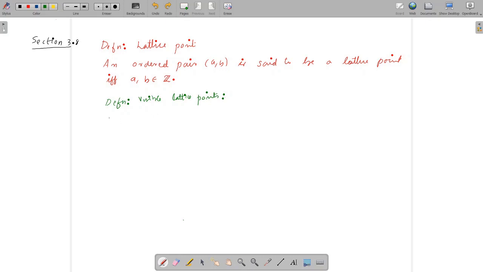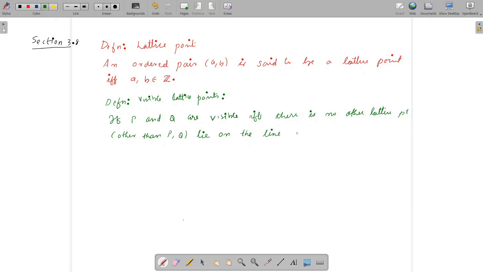So that is, P and Q are visible if and only if there are no other lattice points other than P and Q that lie on the line segment joining them.